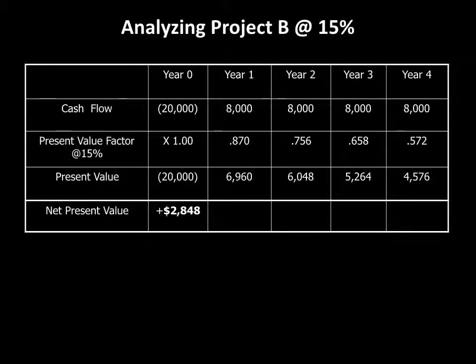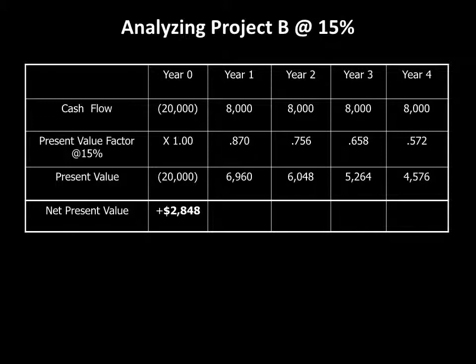Another way to think about it is if we had $6,960 today, we invested it at time equals 0, and it earned 15% for the whole year, it would be worth $8,000, including the interest and the principal. We do the same thing for years 2, 3, and 4.